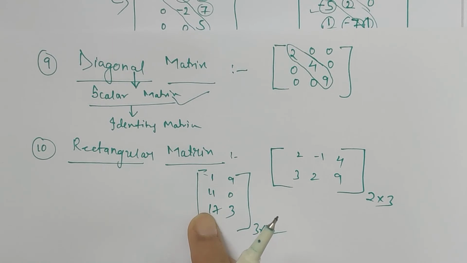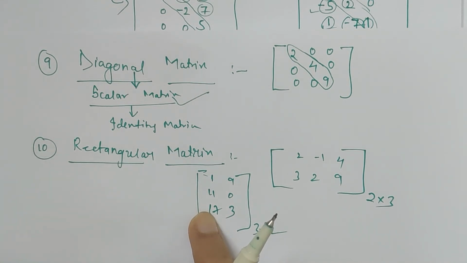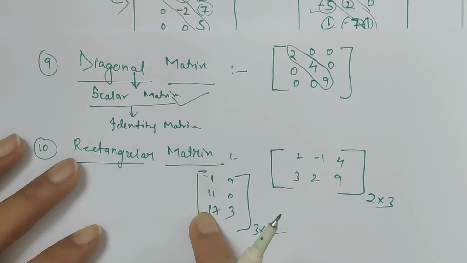Okay, so for any matrix to be a diagonal, scalar, identity, symmetric, skew symmetric, or upper diagonal and lower diagonal, it has to be a square matrix. That means its number of rows should be equal to number of columns.